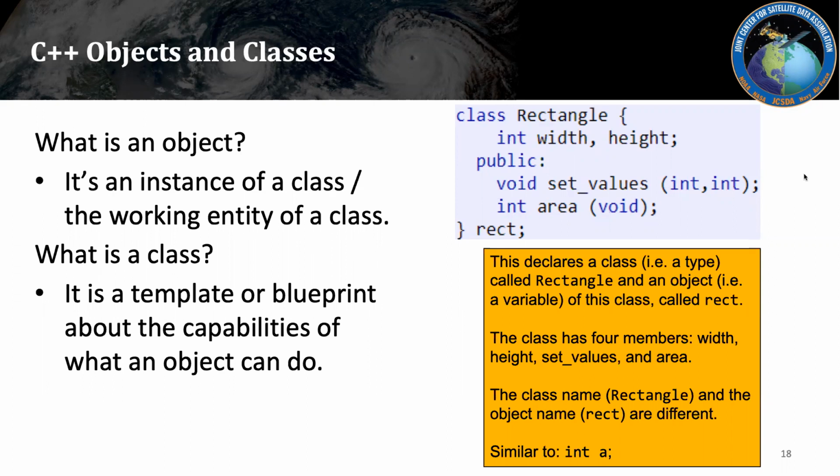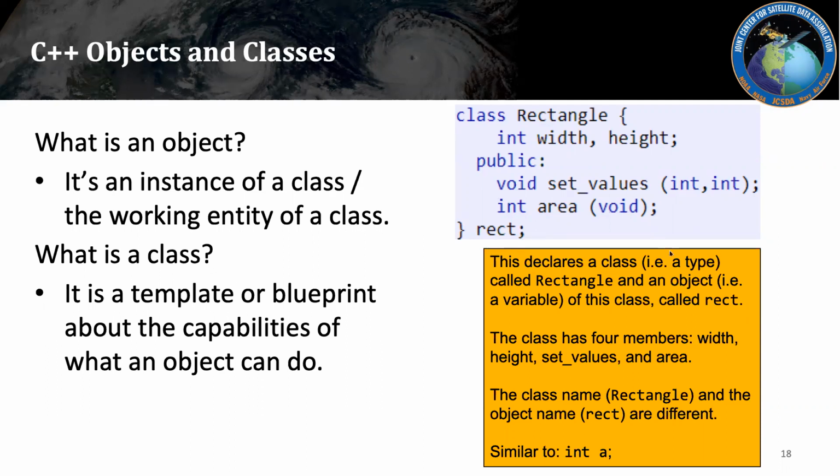So here's just a very tiny example. We're defining a class called a rectangle, and we use this to manipulate rectangles. I'll go through what a class looks like, or the details of how a class is laid out, in a little bit also. But the point is that you have a class called rectangle, and then we have a specific instance of the class called rect.